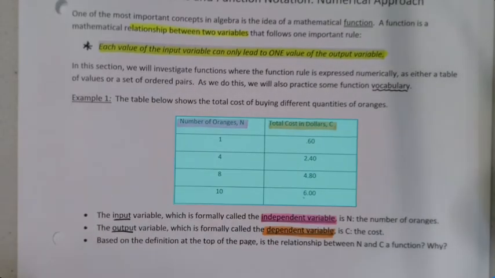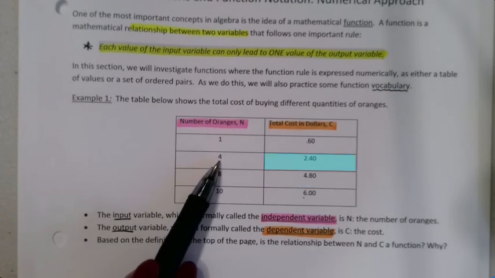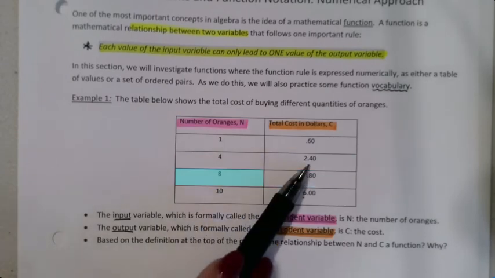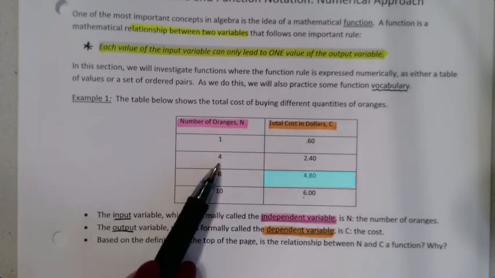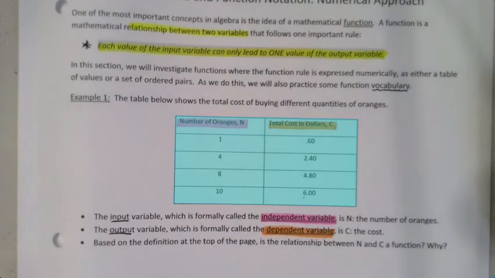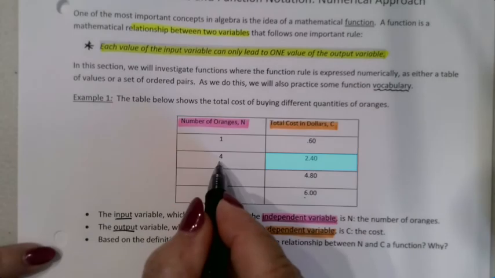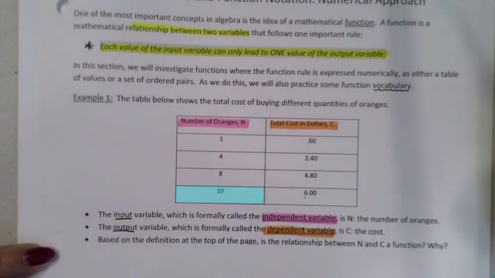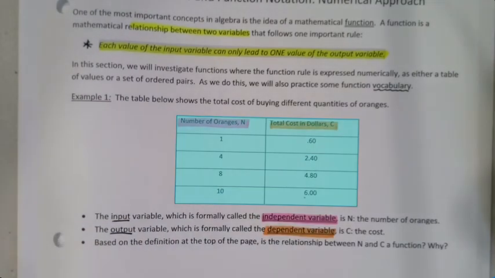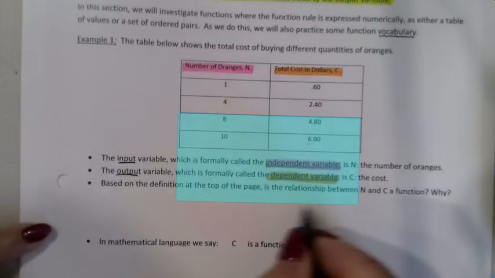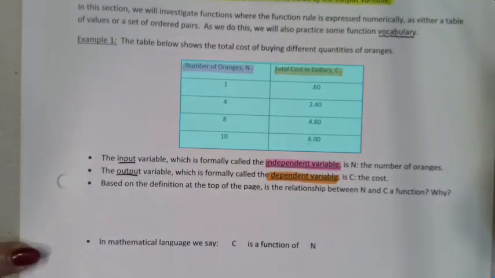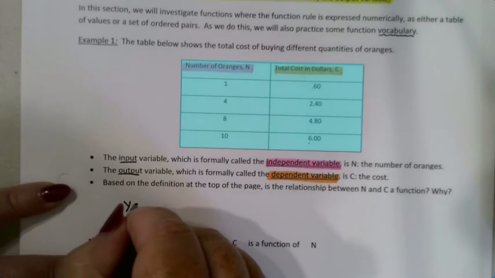It wouldn't make sense if I buy 4 oranges and pay $2.40, and the guy behind me in line buys 4 oranges and they only charge him $2, right? Every input, the number of oranges, can only have one output, the cost. Again, assuming we're in a particular store on a particular day here. So, is the relationship between N and C a function? Yes.